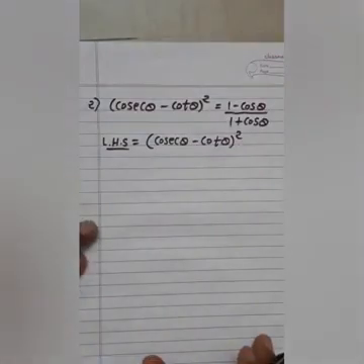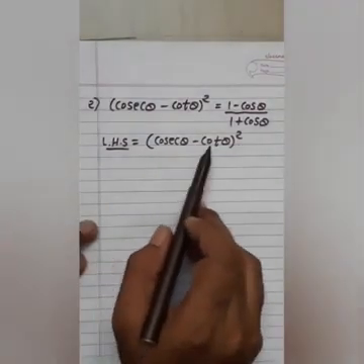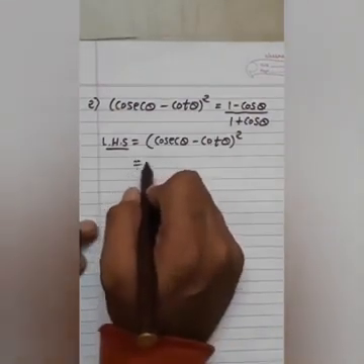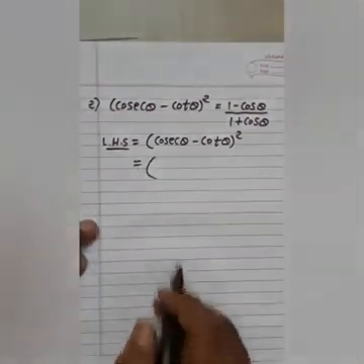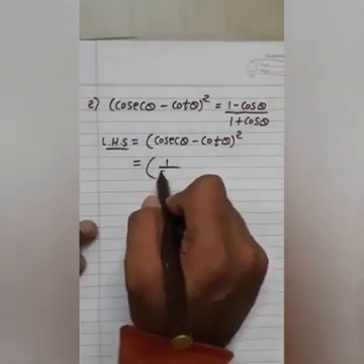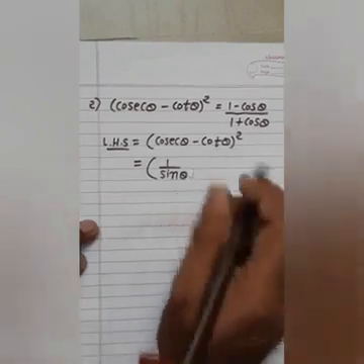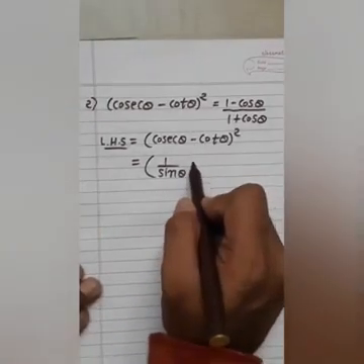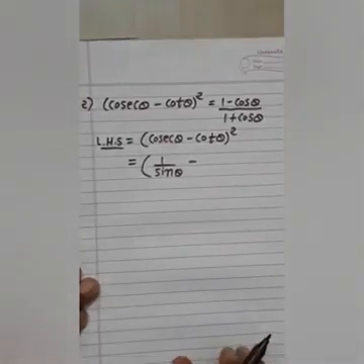Now first of all, we can convert this term into the form of sine and cos. So we know that cosec theta means 1 upon sin theta. In between is a minus sign, so we write the minus sign.